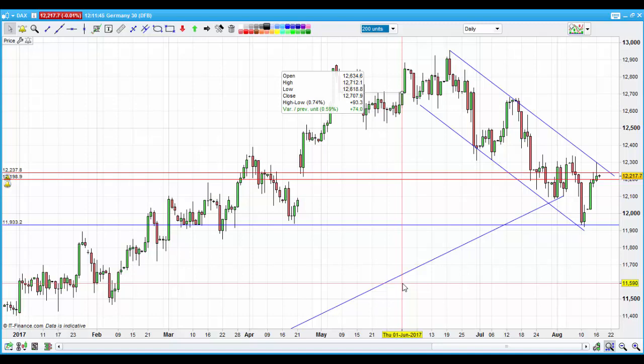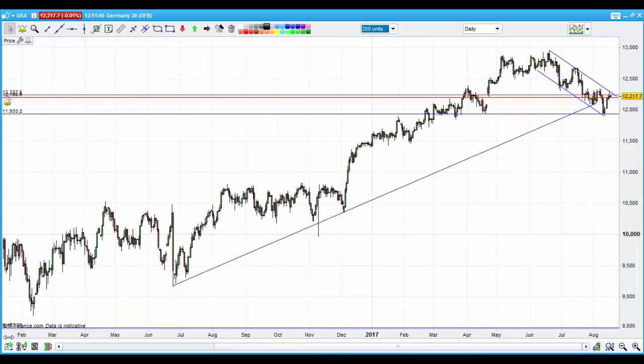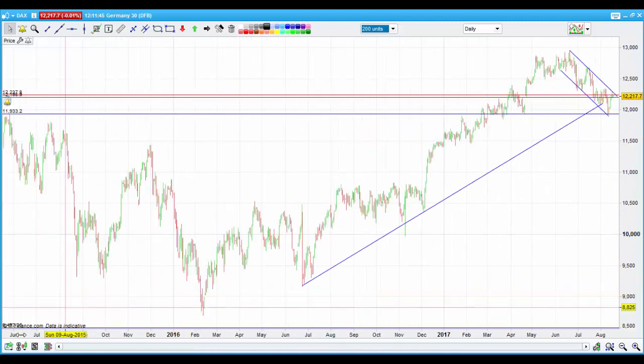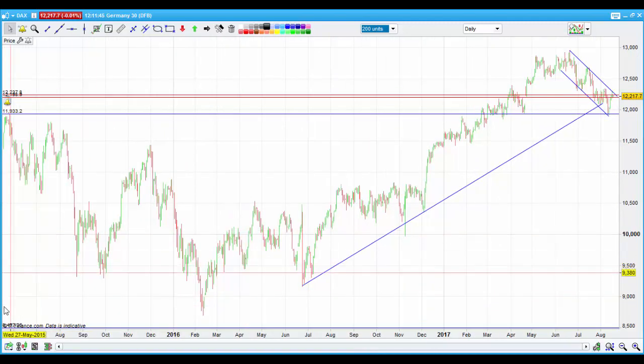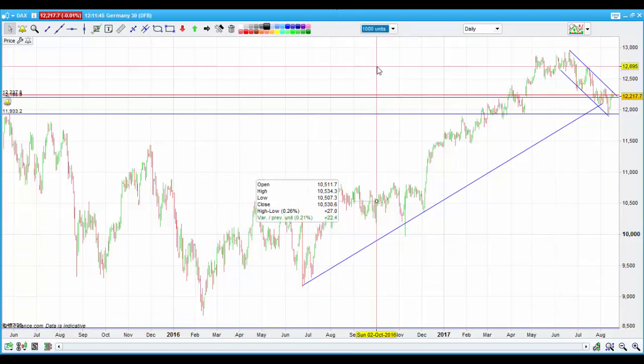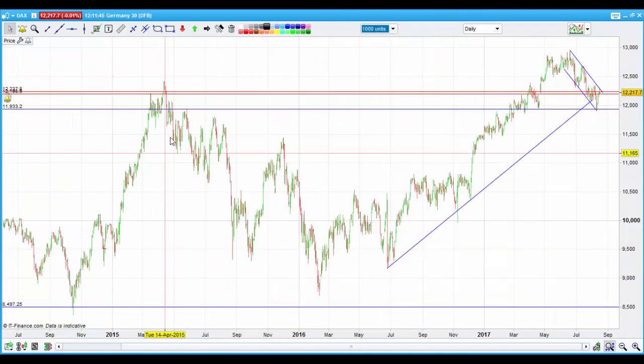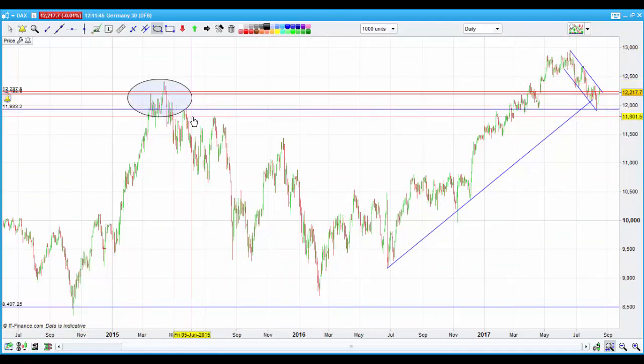We've also got a level in through this area, so if I scan out, you know that I've got my little red alert lines on there because I'm considering trading this setup. So we'll go out a little bit further. You can see the red lines over here identify an area around here.